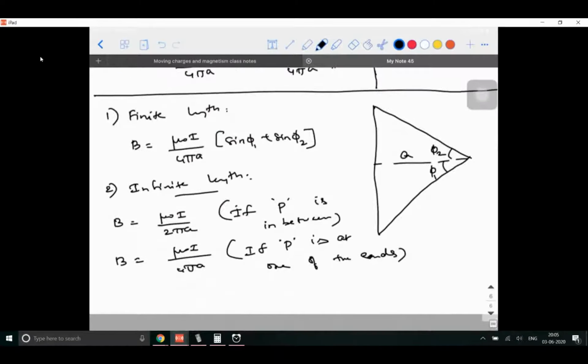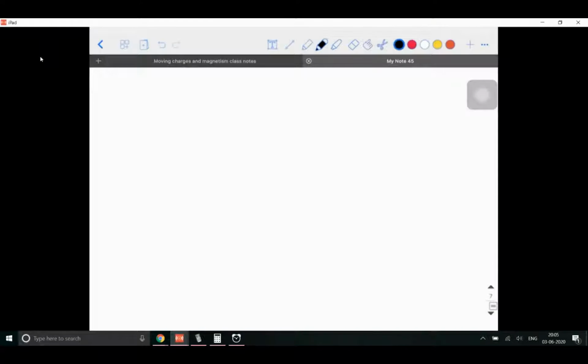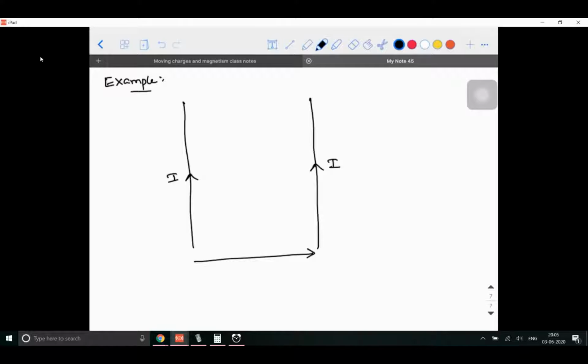Okay, so keeping all these factors in mind, we'll try to solve a few problems. I hope you all made a note of it. So the example problem. Let's say there are two wires of infinite length which are having currents in the parallel direction I and I, and the distance of separation between them I take as d.